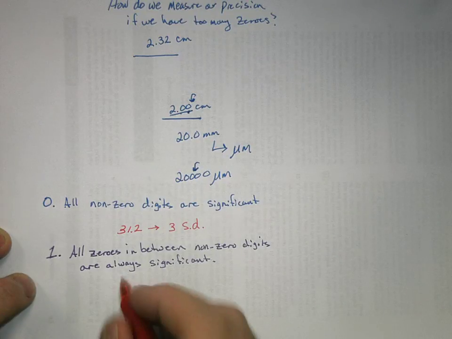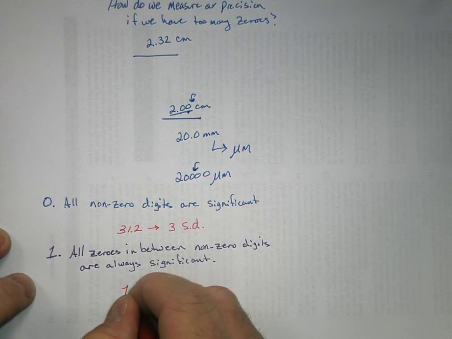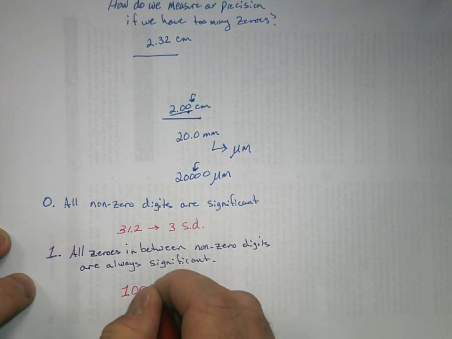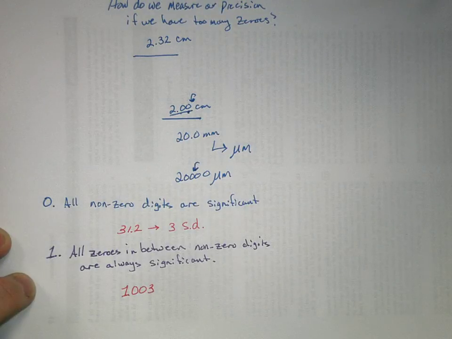So our example here is going to be 1003. The fact that we wrote a 3 here, that our last place that we have a value has a non-zero digit, means that everything in between, between this one and that one, is also significant.